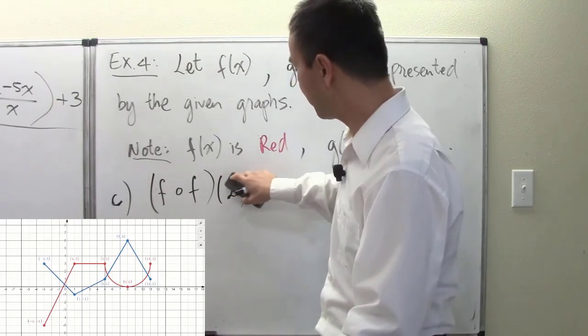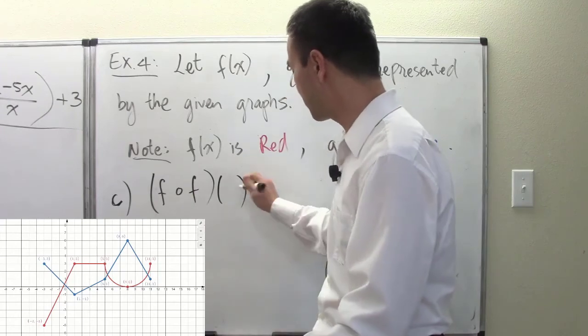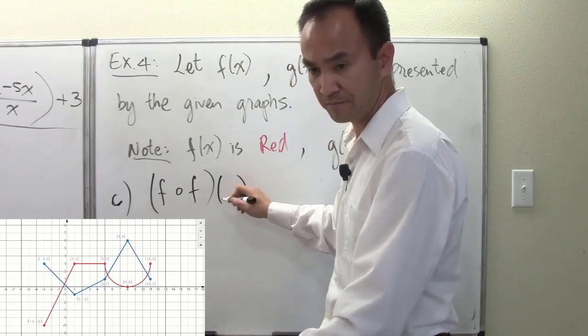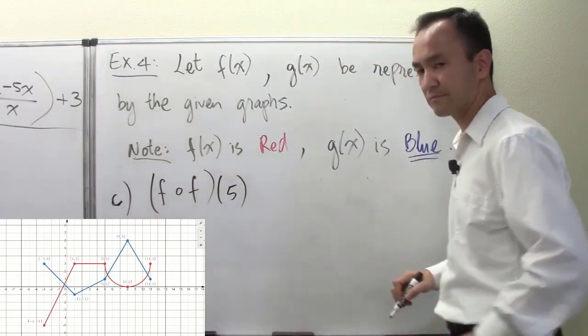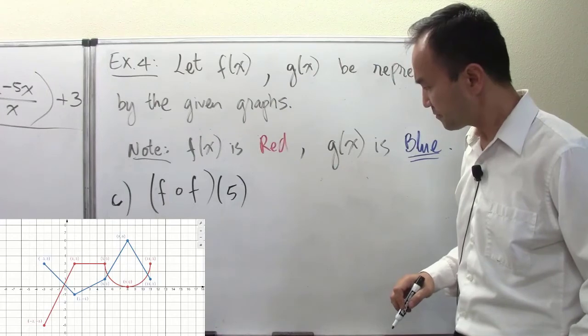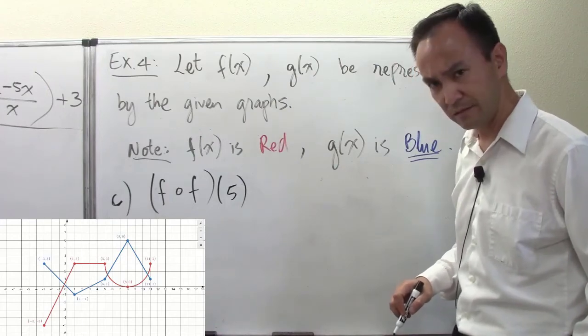Or as a matter of fact, let's change this to just 5. And so f of f of 5.